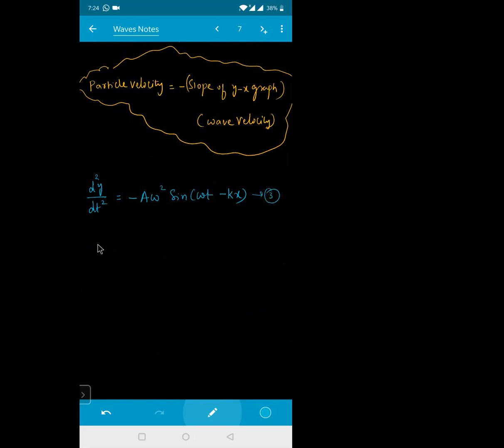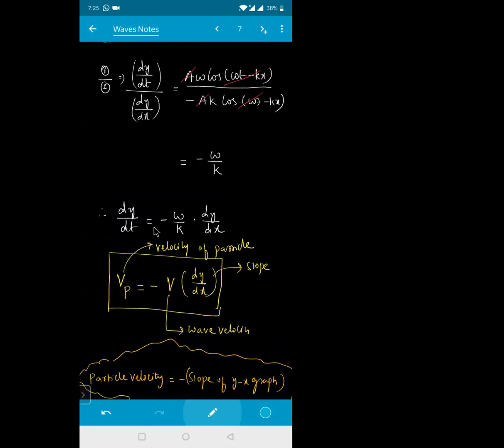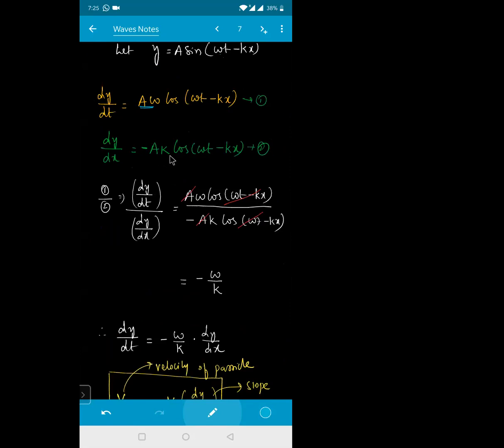Okay. Again, differentiate equation number 2, that is d square y by dx square. What is equation number 2? Equation number 2 is a into k times cos of omega t minus kx.